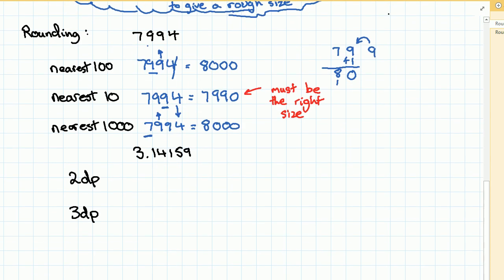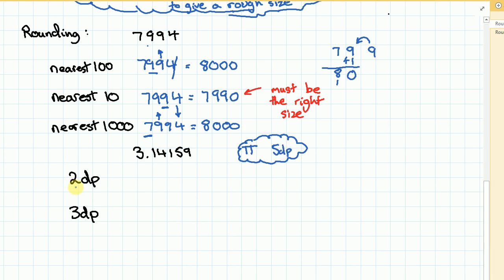Now, just a little thought for you. Famous number, this one. This is actually pi. Pi goes on forever, so we have here pi to 1, 2, 3, 4, 5 decimal places. So now we're going to know what pi is to 2 decimal places.